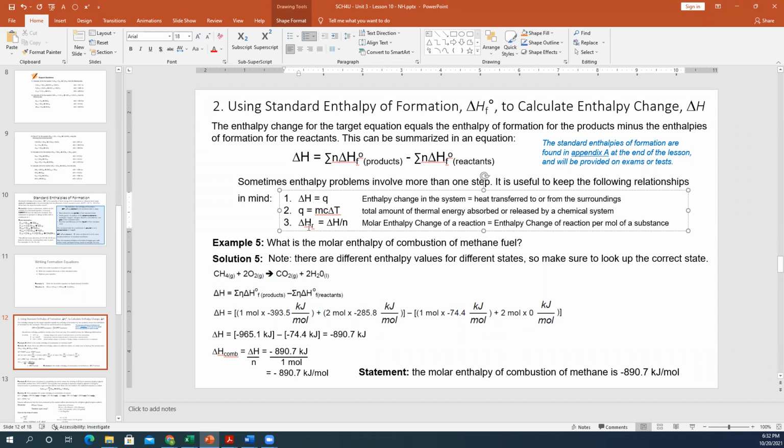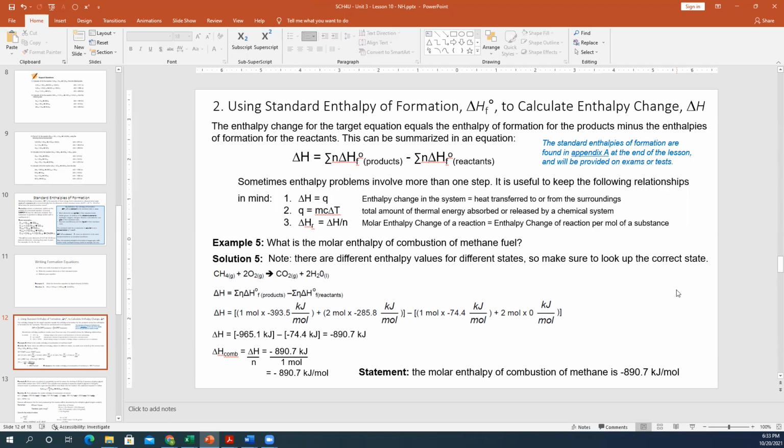Or the total amount of thermal energy absorbed or released by a chemical system is equal to MC delta T. Or that the molar enthalpy change of a reaction is equal to the enthalpy change of the reaction per mole of the substance. So these are important concepts to keep in mind as we're looking at these problems. So let's take a look at yet one more example.